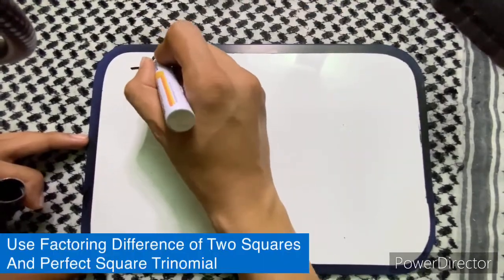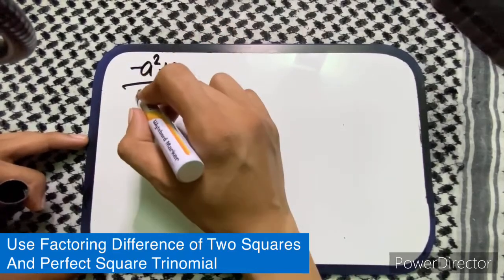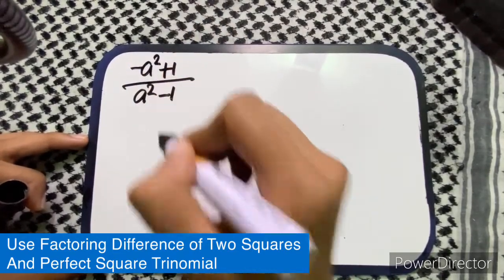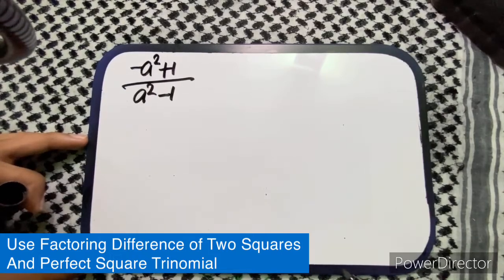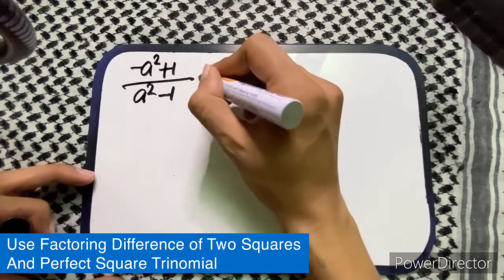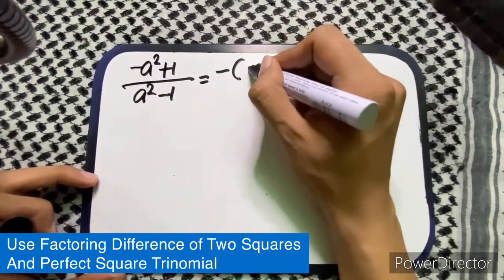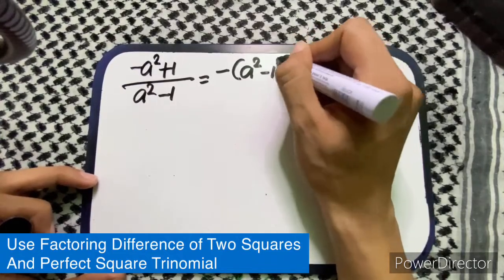Negative a squared plus 1 all over a squared minus 1. How can we factor that one? We can rewrite this into negative times the quantity of a squared minus 1.